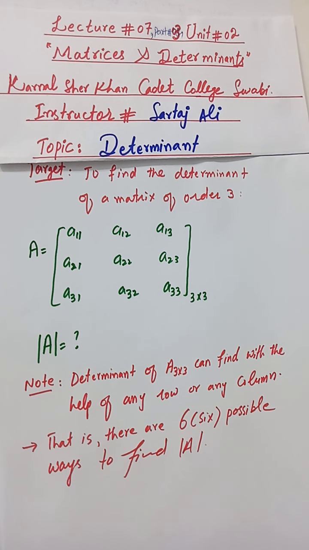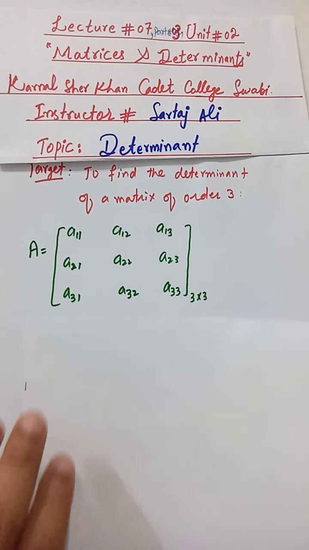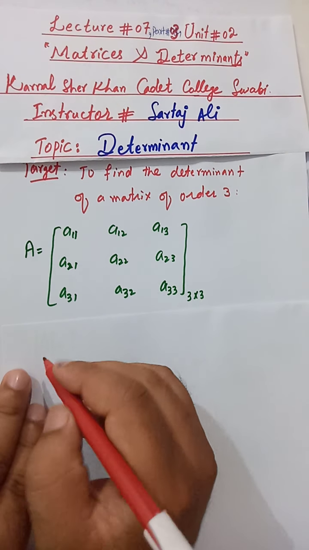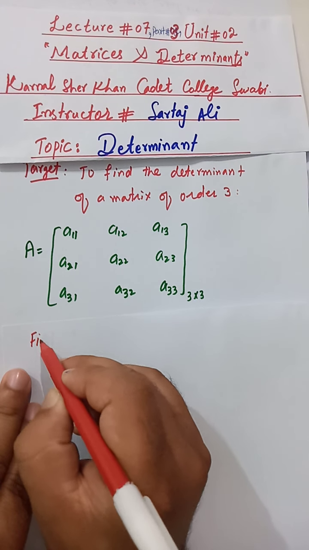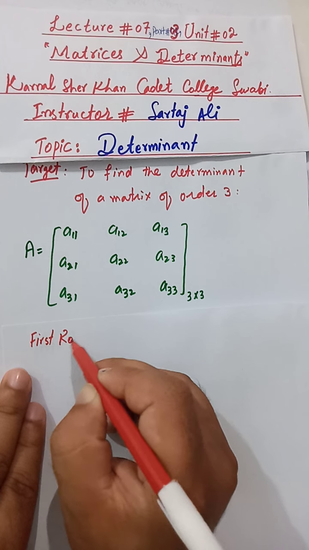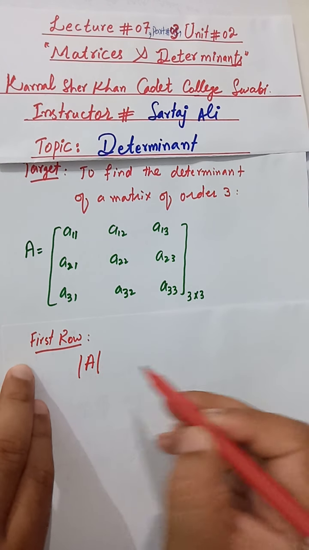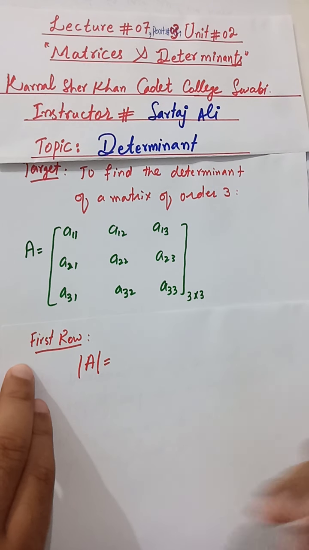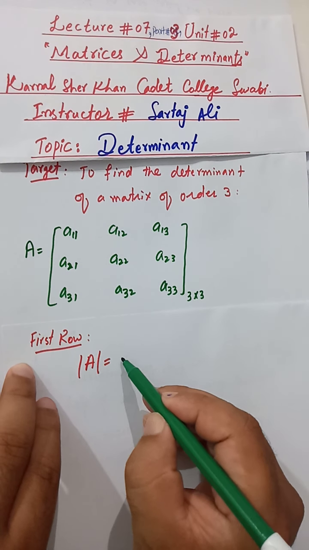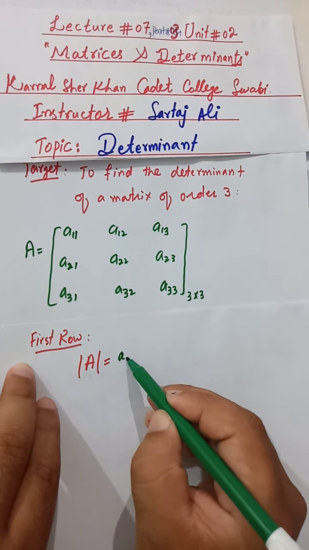The definition is, if you are finding the determinant with the help of the first row, you are using the first row to find the determinant of this matrix. According to the definition, the determinant will be equal to the elements of that row, and each element will be multiplied with its cofactor.